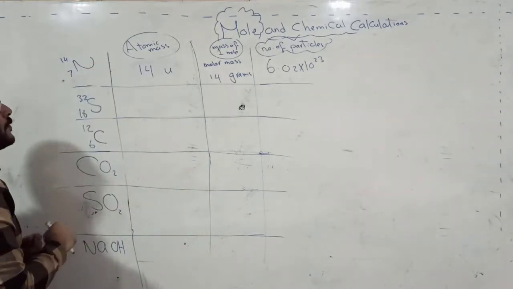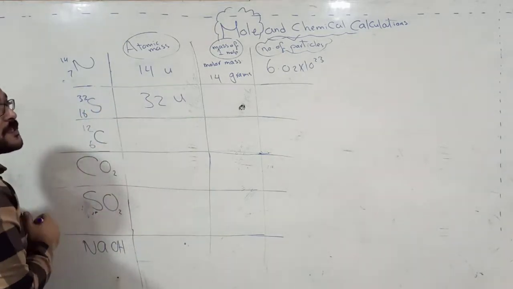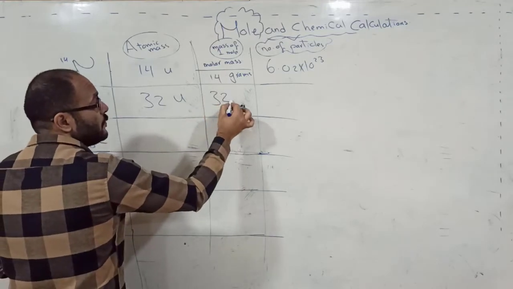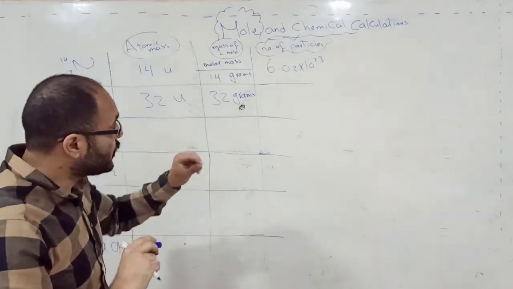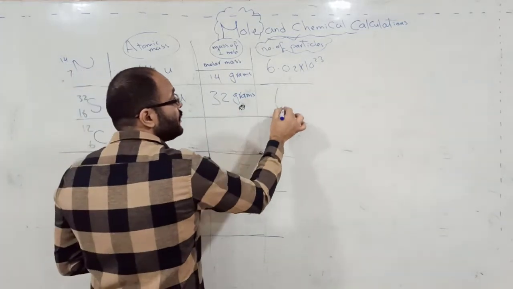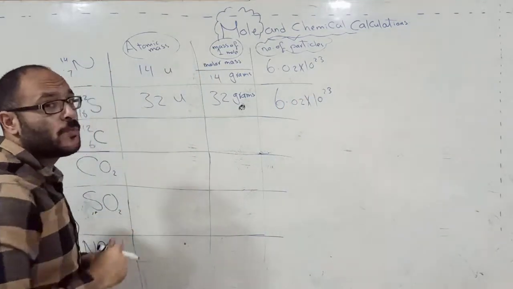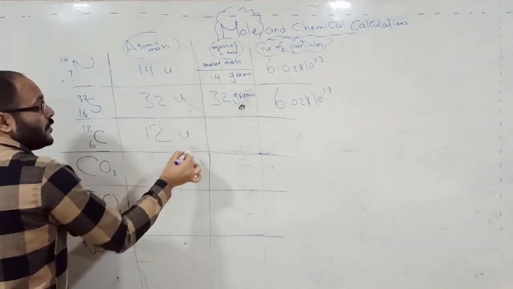We do the same for sulfur. The atomic mass is 32 units. The mass of 1 mole, or molar mass, will be 32 but in grams. That means if we count the number of particles in 32 grams of sulfur, they will be 6.02 times 10 to the power 23. The atomic mass of carbon is 12 units.